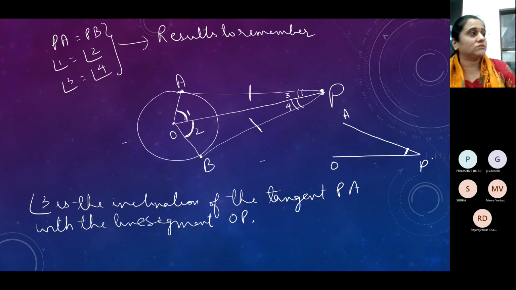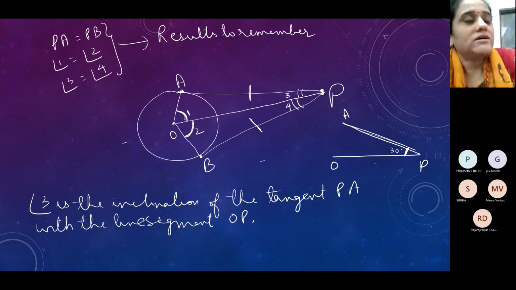It's as if this tangent is inclined at an angle of this one with OP. Supposing I say 30 degrees, the tangent PA is inclined at an angle of 30 degrees with OP.